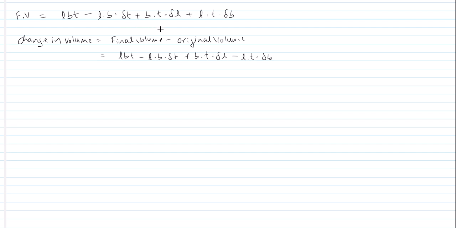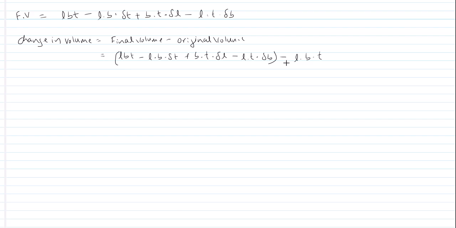Then after this we have minus the original volume, that is L into B into T. This is the original volume.